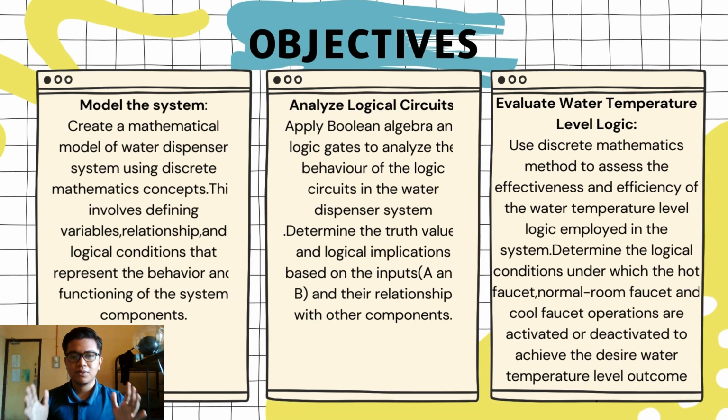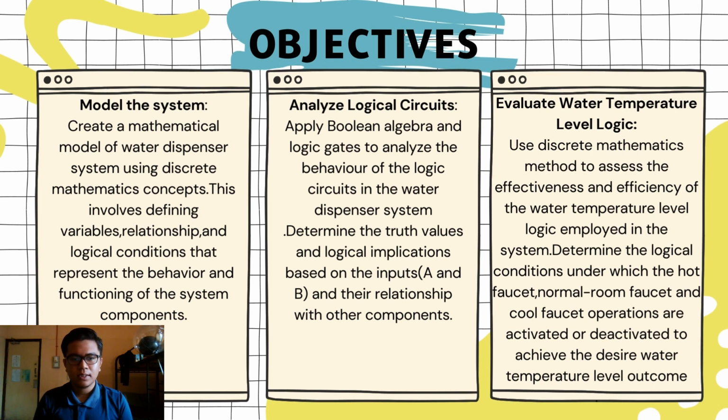So we have come to the objective part. I divide it into three things, which are: model the system, analyze logical circuits, and evaluate water temperature level logic. Let's start with model the system.